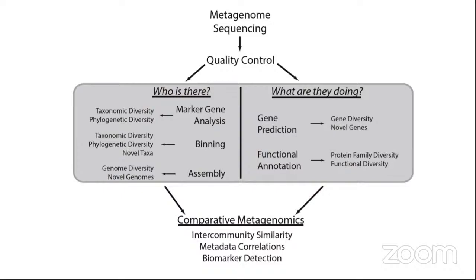Say for example, you have a patient affected with diabetes, and you have a healthy control. You collect their stool samples and then go for a metagenomic analysis.